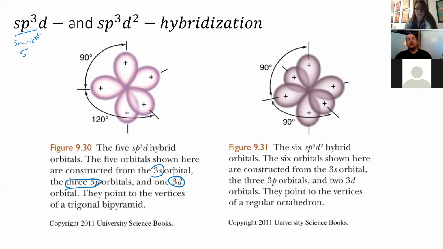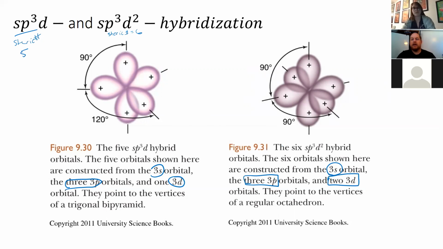And you can't have anything sp3d hybrid until you get to period 3, because you don't have d electrons until you get to period 3 on the periodic table. When it comes to sp3d2, that's going to have a steric number of 6. And that one is coming from, again, the 3s orbital, if you have a period 3 atom, 3 3p orbitals, and 2 3d orbitals.